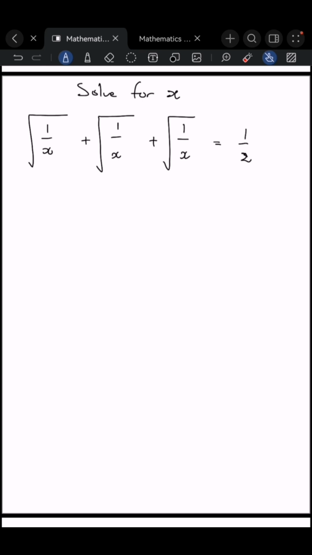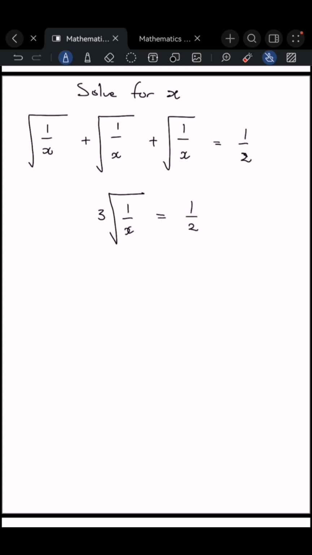Okay, here we go. Another solve for x, where the square root of 1 over x plus the square root of 1 over x plus the square root of 1 over x is equal to 1 over 2. Solve for x. We know these are all like terms, so we can add them all together, which is 3 square root of 1 over x is equal to 1 over 2.